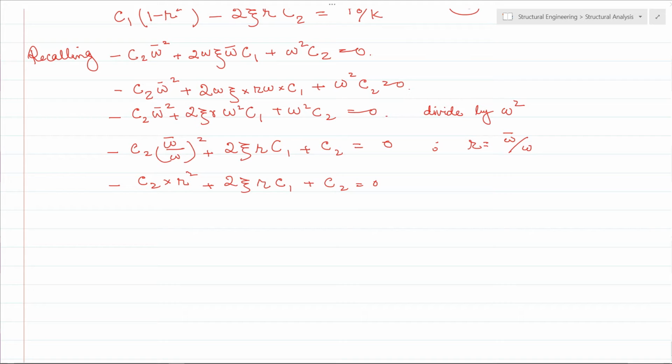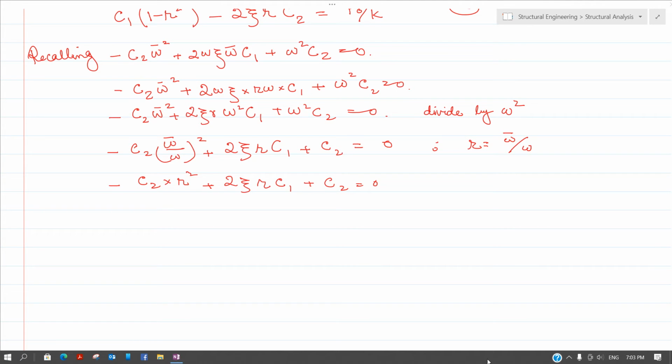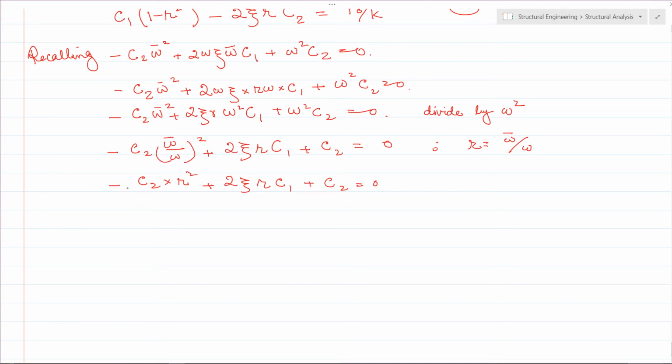So now our equation reduces to minus C2 into r square plus 2 xi c r into C1 plus C2 equals to 0.